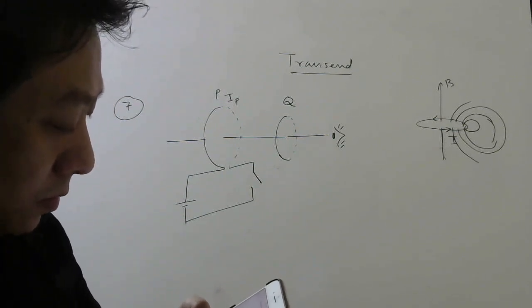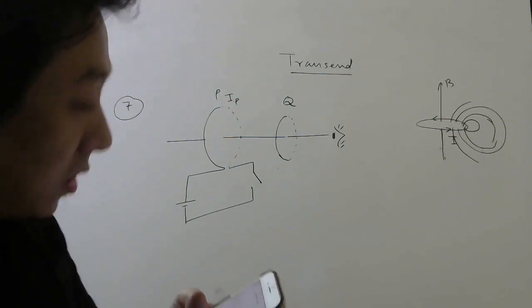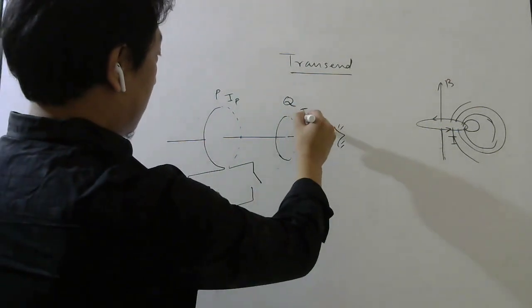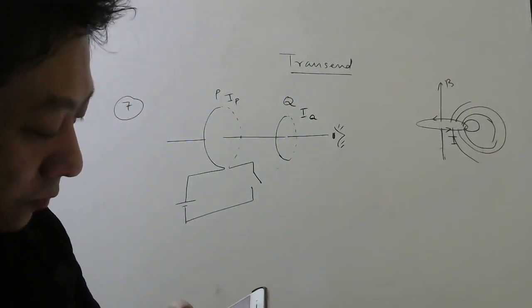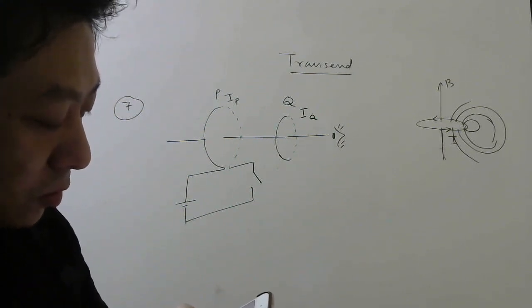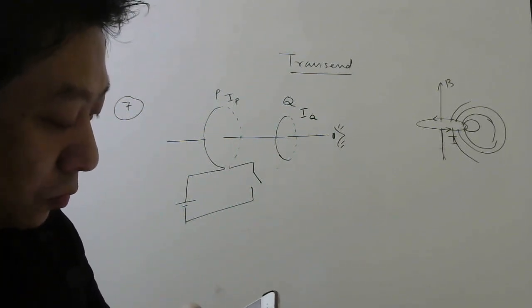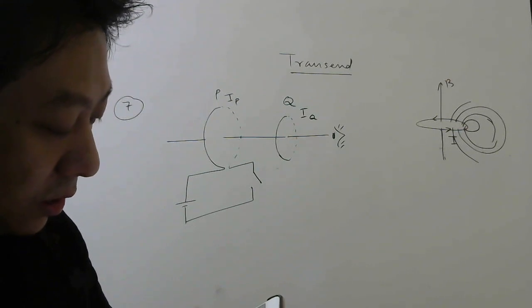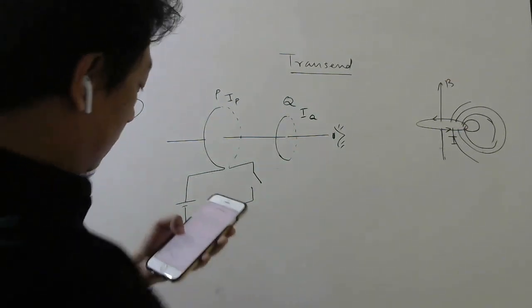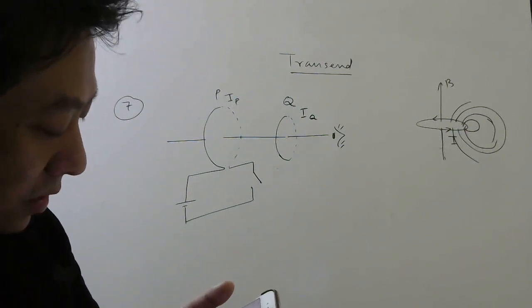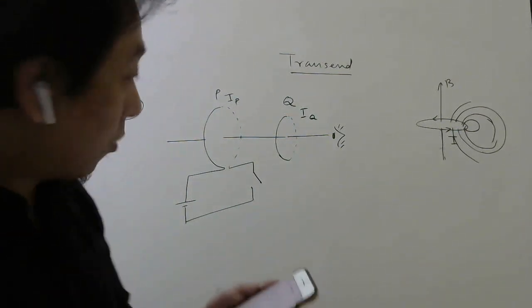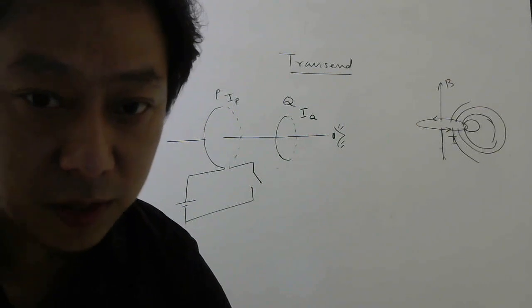And an induced current IQ, there will be some induced current here, flows in Q. The switch remains closed for a long time. When S is opened, a current flows in Q. Then the directions as seen by E are, once it is opened, I think.